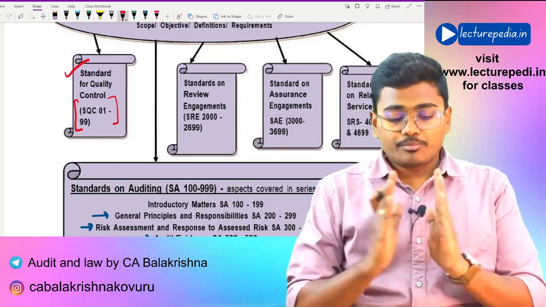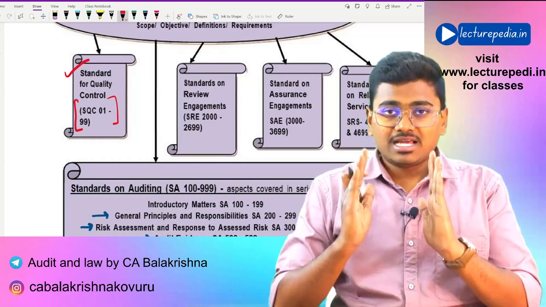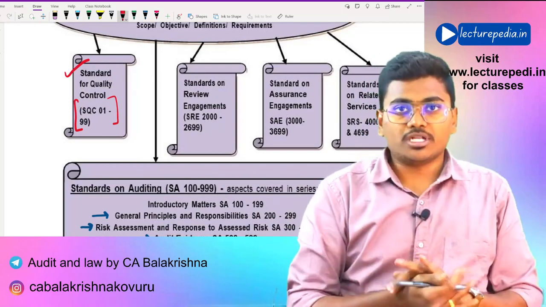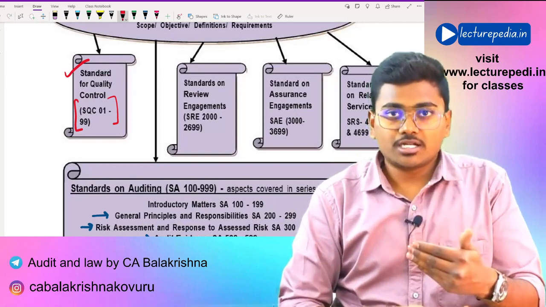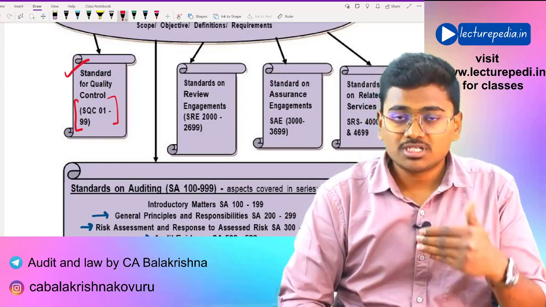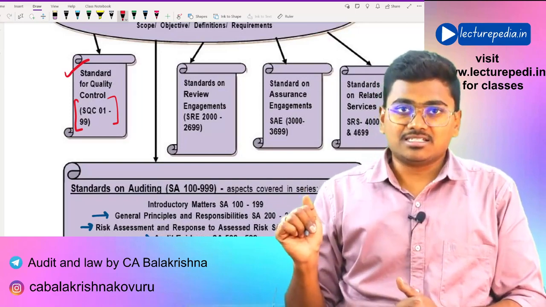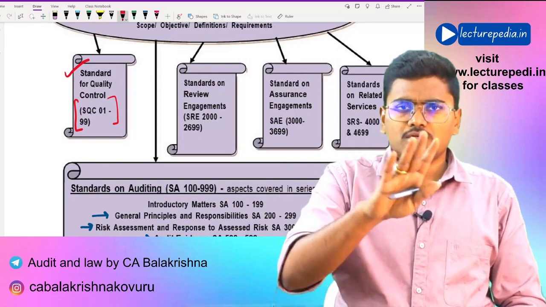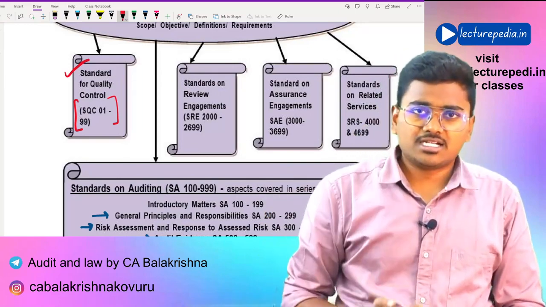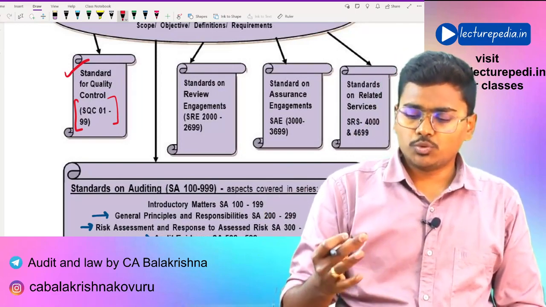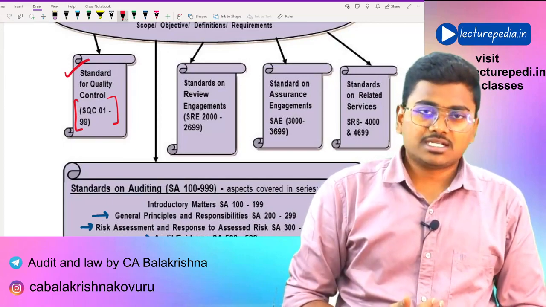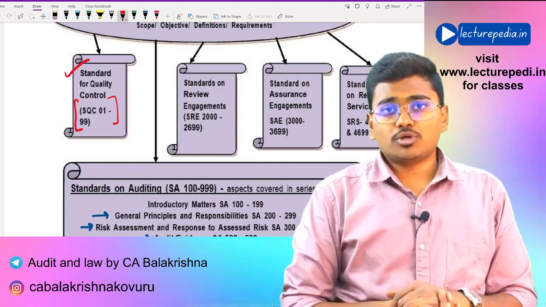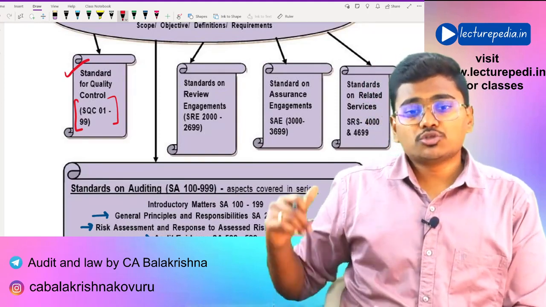This particular series of numbers has been allocated to standards on quality control only. As of now there are around 5 standards on quality control, SQC 1, 2, 3, 4, 5. In case any new standards on quality control are issued, they will be issued in this series.